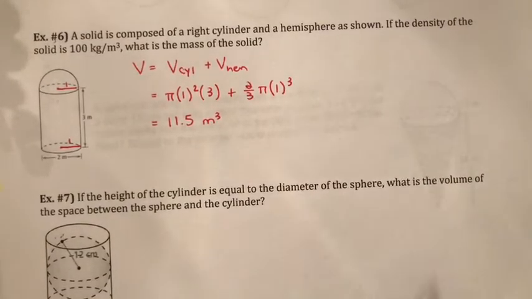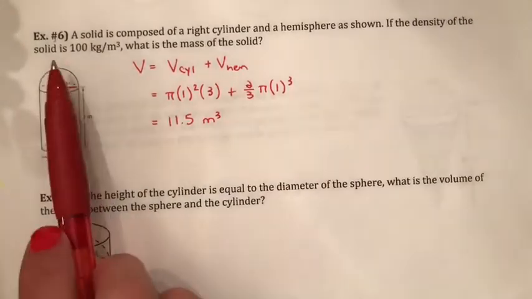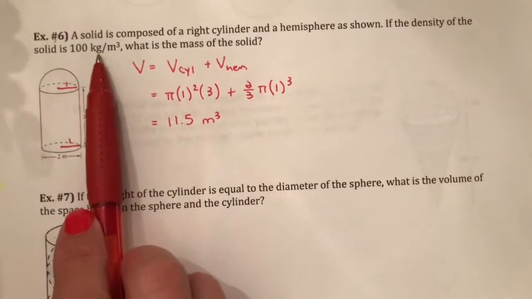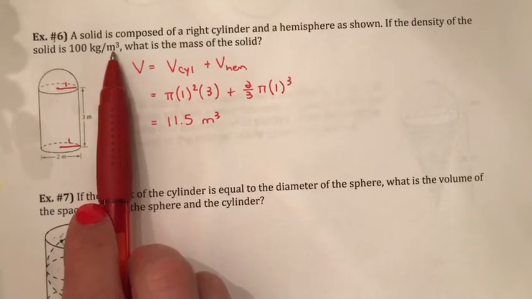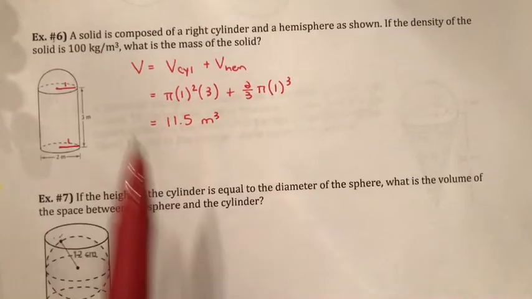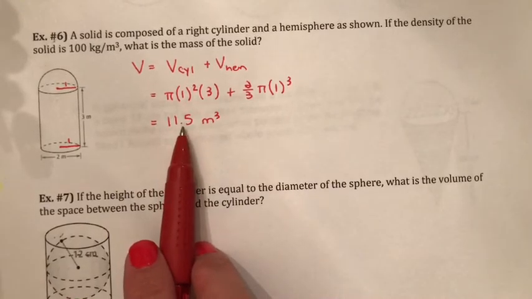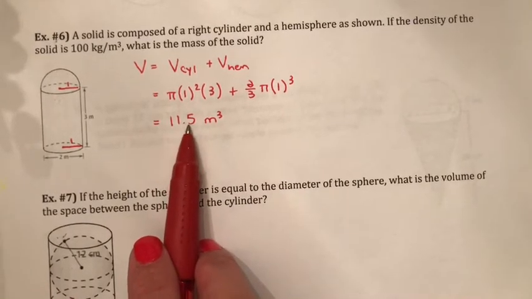Okay, now the density of the solid is 100 kilograms per meter cubed. If we think about this in terms of units, we have 11.5 meters cubed.